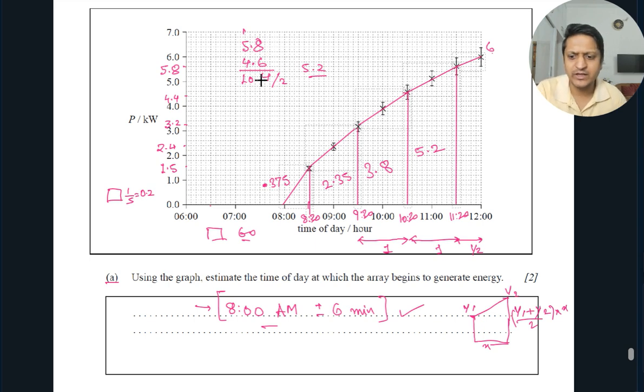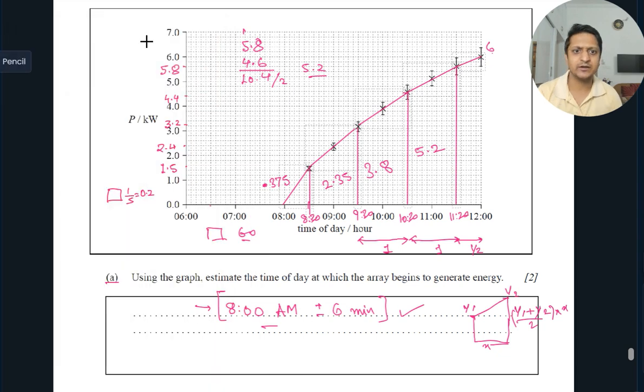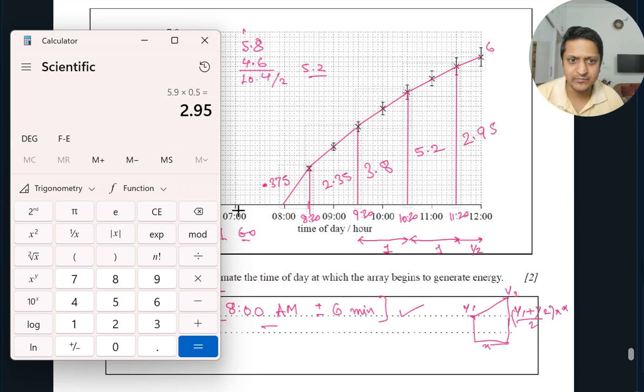This point is 5.8, and 5.8 plus 6 would be 11.8 divided by 2. For this, we will not multiply with 1 because this is only half, so we will multiply it with 0.5. So this is 2.95. So this is the method how we have to calculate the area.